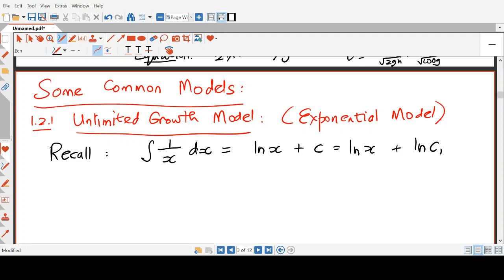C or ln c or root c or c to the 10 or whatever, it's still a constant. If I differentiate it, it will be 0. But the convenience is that I can say the integral of 1 over x dx is ln of c1x. When you add logs, you multiply them, so x times c1 gives c1x.